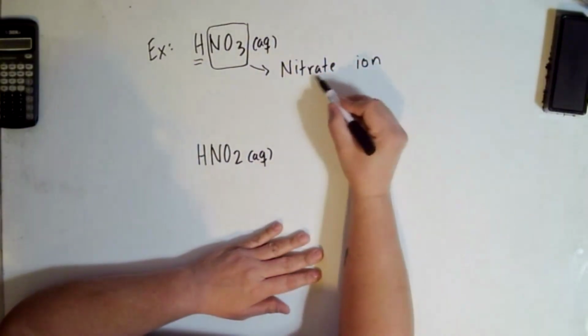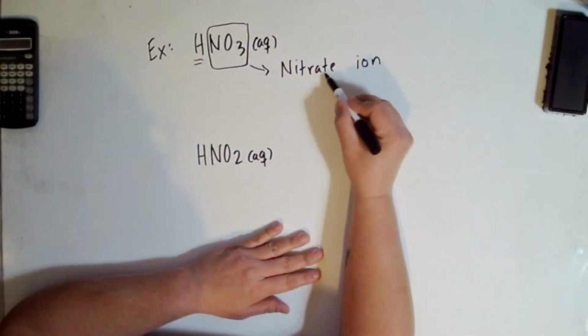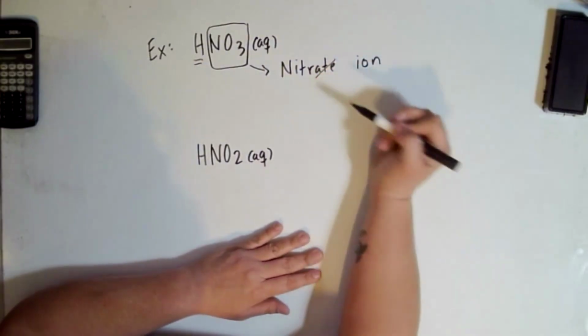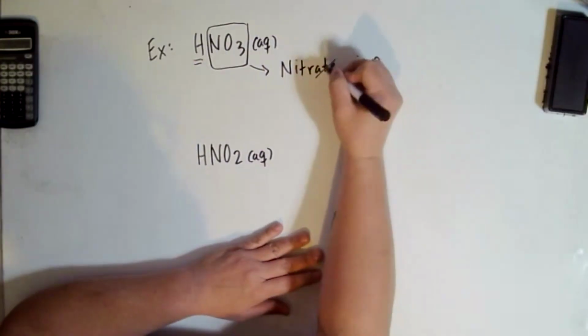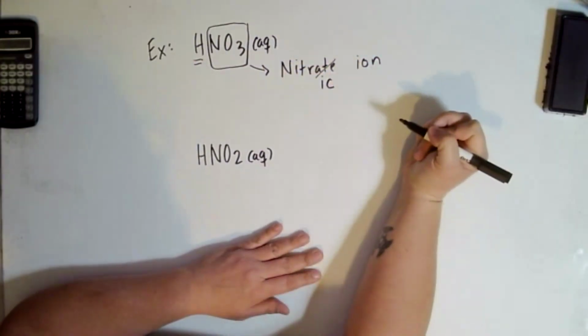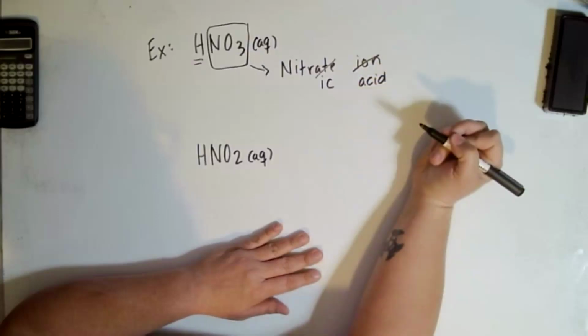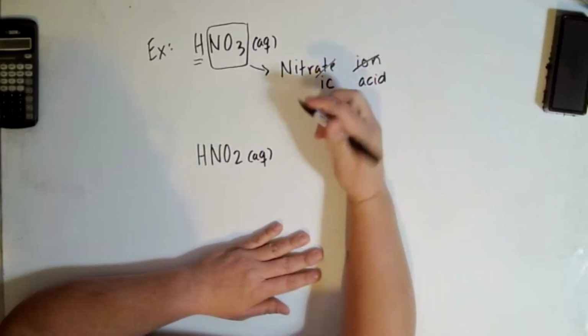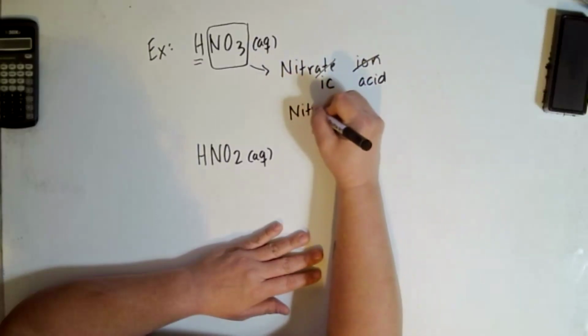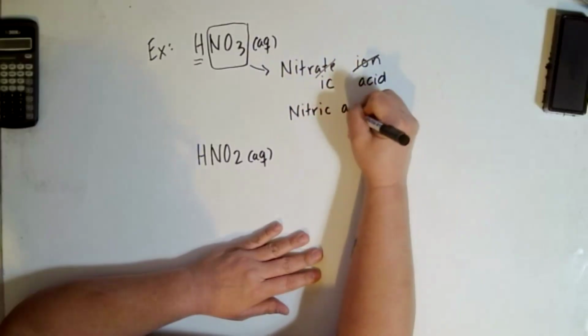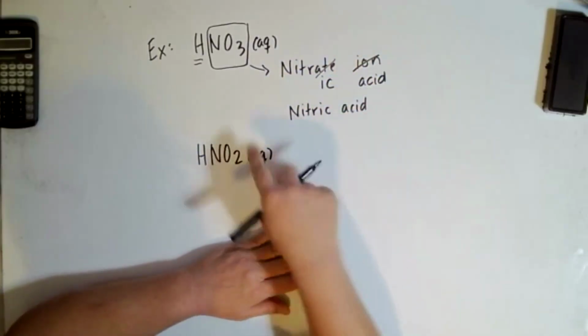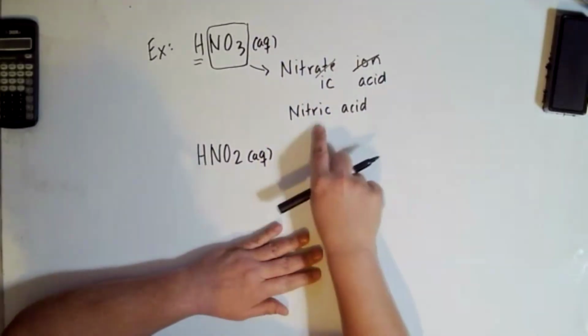I see that the nitrate ion ends in ATE, and I'm going to remove that ATE and replace it with an IC. And then I'm going to replace the word ion with the word acid. So now the name of this acid is just going to be nitric acid. There's no hydro in front. It's just nitric acid.